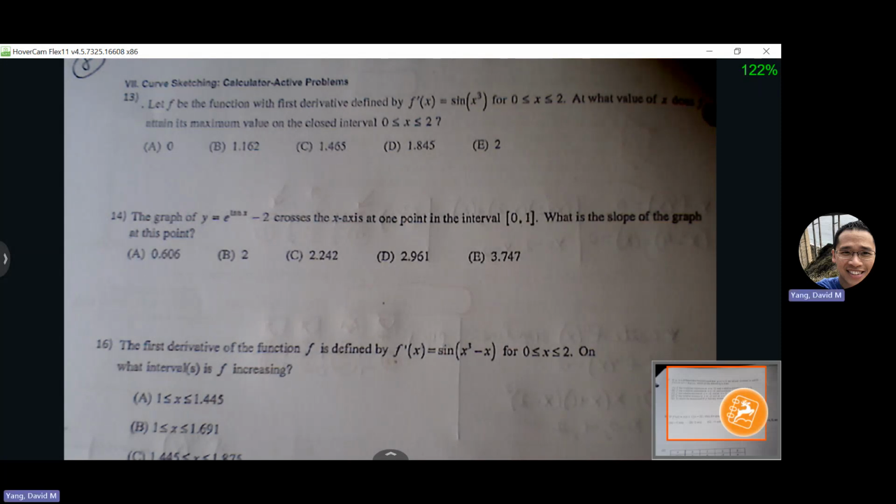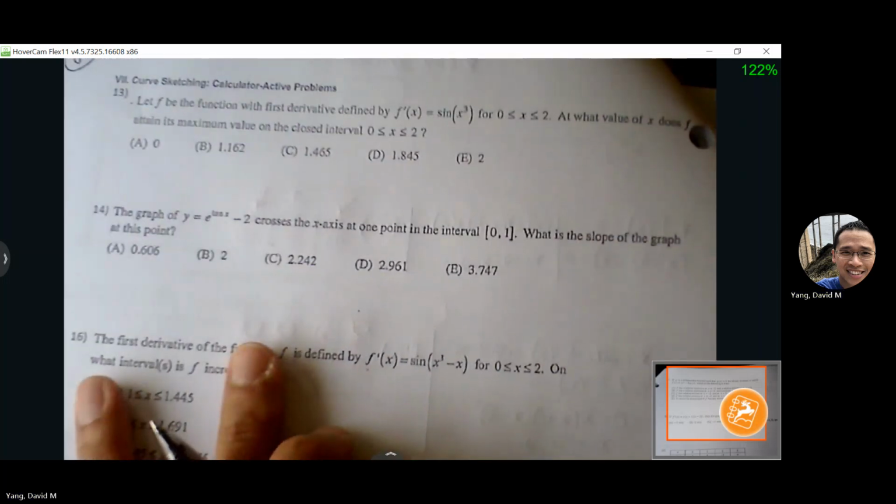Okay, now this one is the calculator question. Number 13. Number 13 says, let f be the function with the first derivative, f prime.